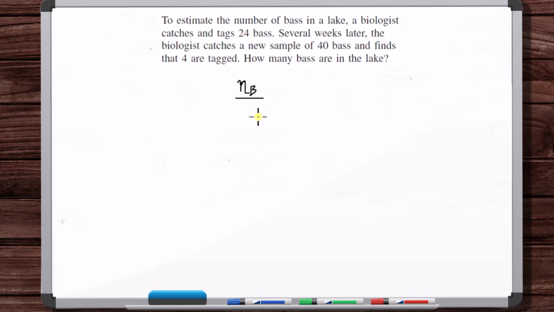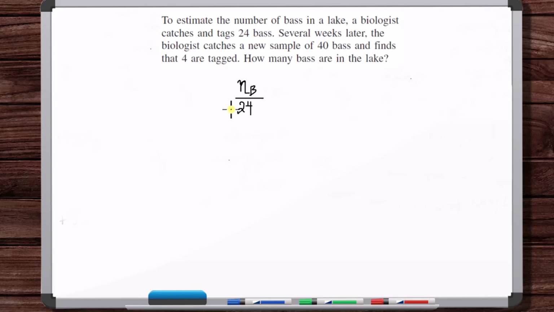Is it a she or he? It didn't tell us. Let's say a she. She catches 24 bass, puts them back in. So now the ratio of total bass in the lake to tagged bass is NB divided by 24.